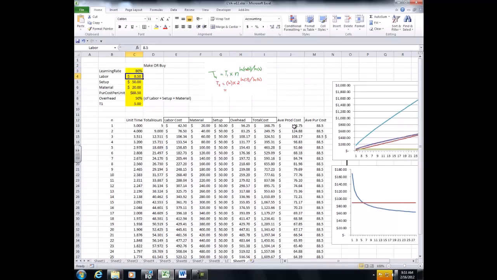Right. So if you observed the average production cost, these numbers got smaller. Also, you will see that the intersection point between the purchase and the produce options has shifted from earlier it was around 10. Now it is around 6 or 7.